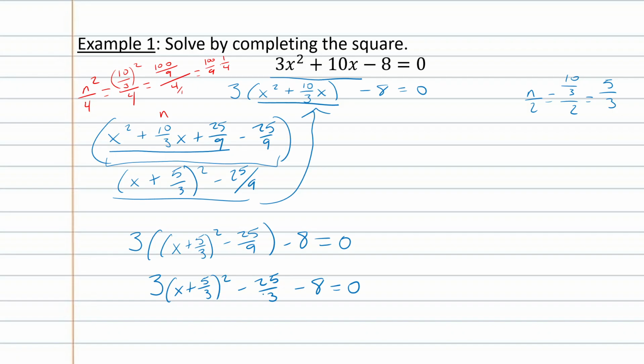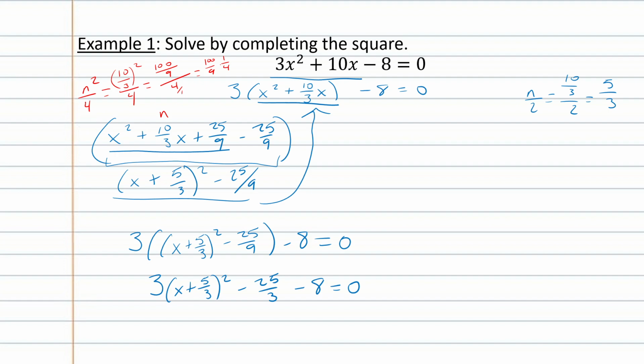Now, I need to combine the negative 25 over 3 and the negative 8. Oof, this one might even be kind of hard for me to do in my head. Take advantage of the TI-84 that you can use in this class, to help you with some of the fractions, because it will indeed do all the fractions for you if you know how to input it.